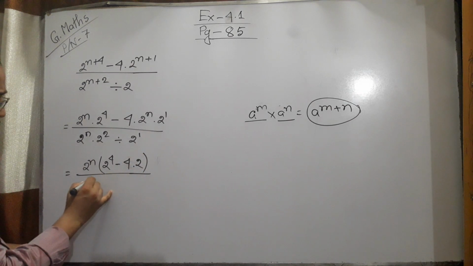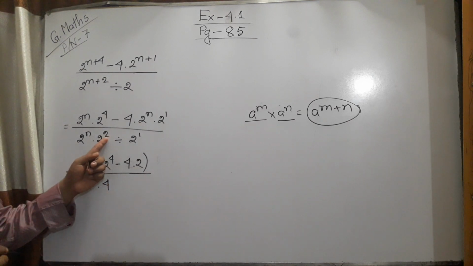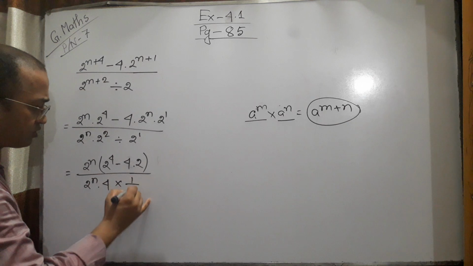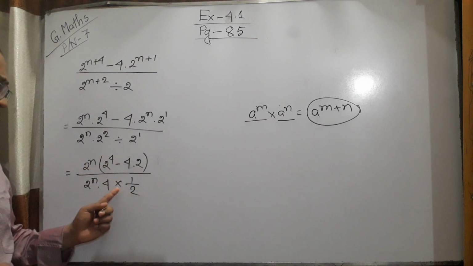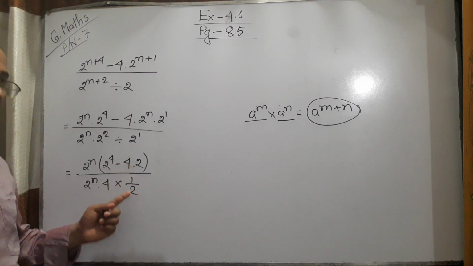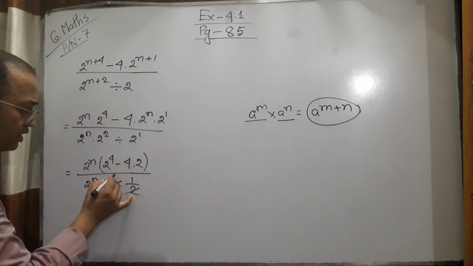Here in the denominator, 2^n is common and 2 square becomes 4. And you can write it like this, 1 by 2. This is a division sign; we can make it multiplication and the 2 will be inverted, 1 by 2. So now cancel 2 and 2.